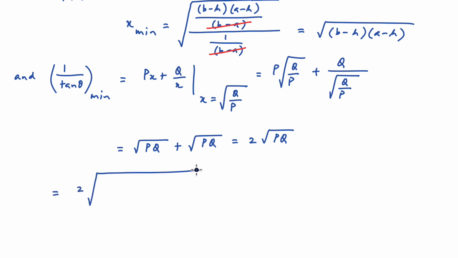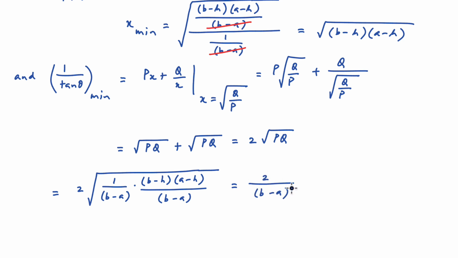Substituting the values of p and q, this is equal to 2 times the root of 1 upon (b minus a) times (b minus h) times (a minus h) upon (b minus a). This is equal to 2 upon (b minus a) multiplied by the square root of (b minus h) multiplied by (a minus h).